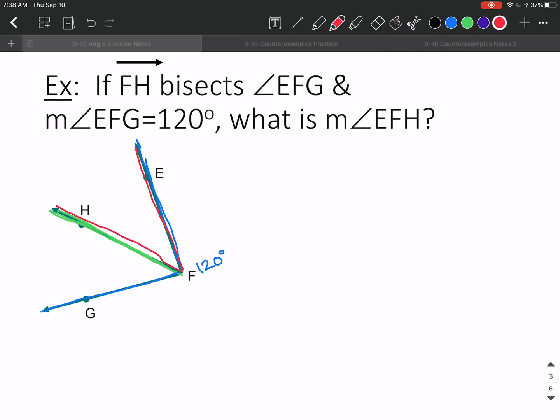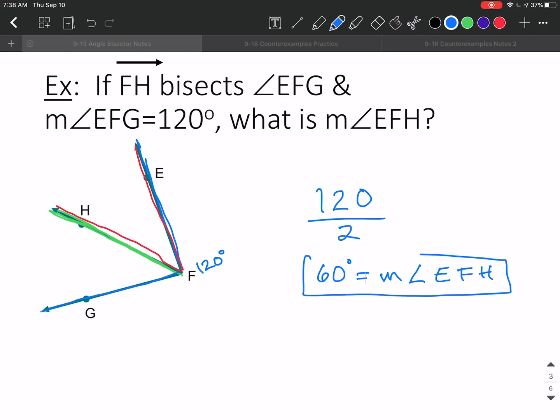I had 120, and I know my bisector is going to split it in two, so I would take 120 and divide it by 2, giving me 60. And I now know that 60 will equal the measure of angle EFH. That one is just kind of a basic one.